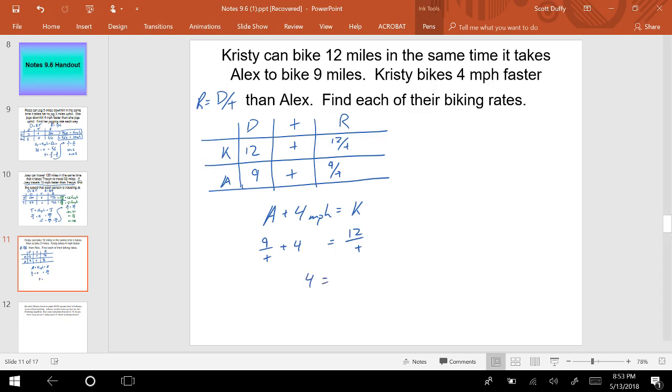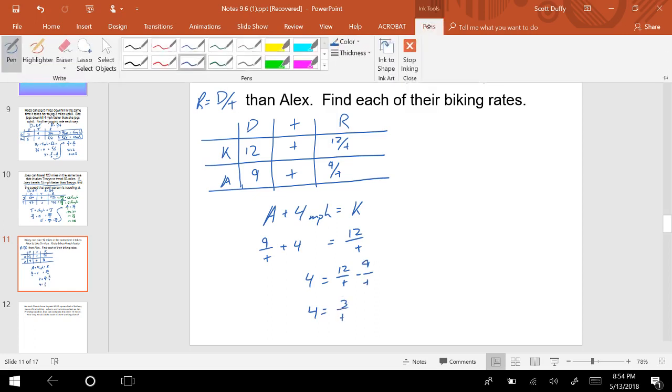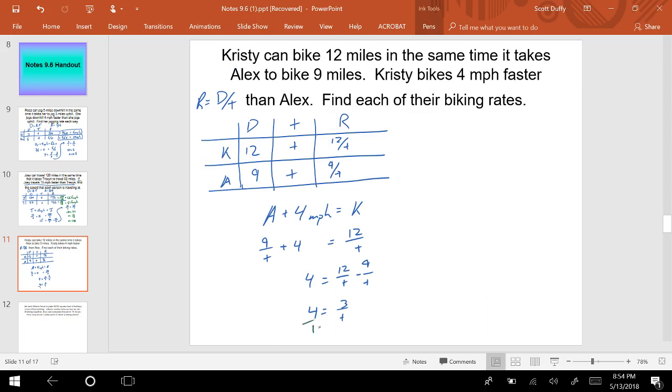Move that 9 over t to the other side so you're subtracting fractions. And you should get 3 over t equals 4. Let's do over 1. Cross multiply. I'm going to keep it moving over here. 4t equals 3. t equals 3/4.